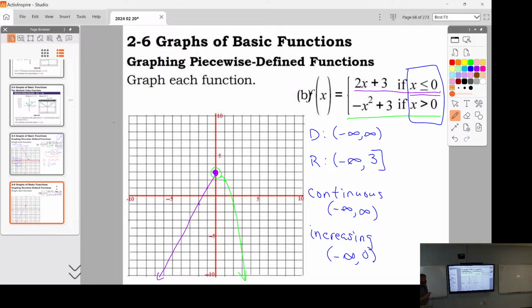You're riding a roller coaster. I'm riding along, I'm going up. When do I stop going up? At 0. Right? What happens at 0? Start going down. The instant I pass 0, I'm now going down. So this is decreasing from 0 to infinity.